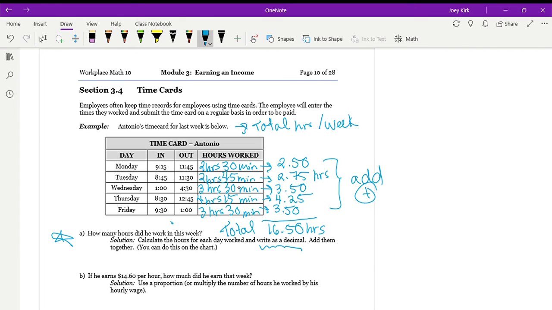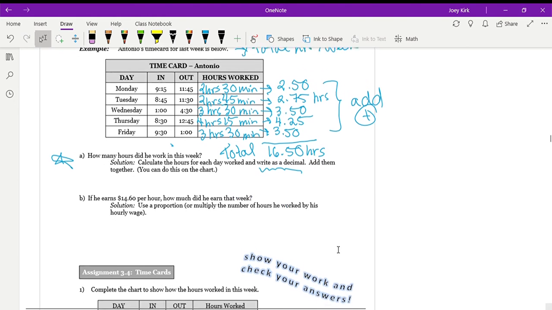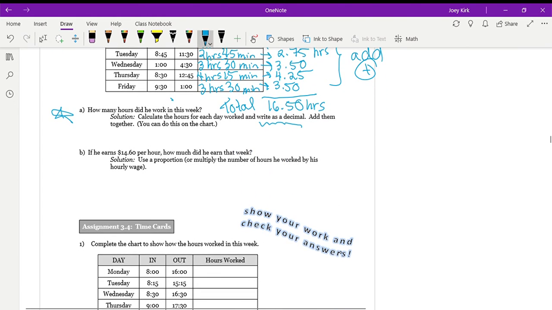But part B is asking us how much he made based on that total. So in part B, sorry, I'm just going to scroll down here. It says if he earns $14.60 per hour, how much did he make that week? So what we need to do is either use a proportion or you can multiply the number of hours worked by his wage.